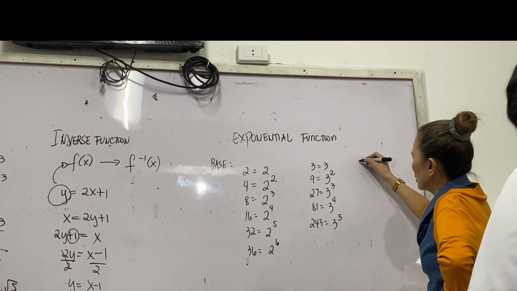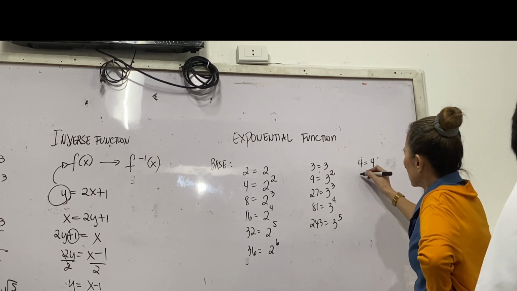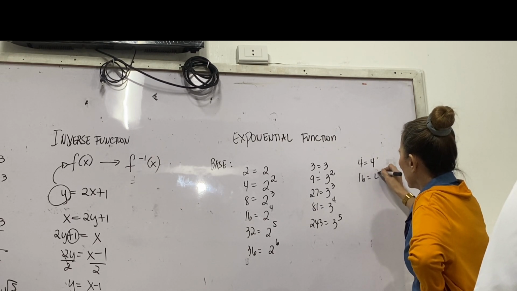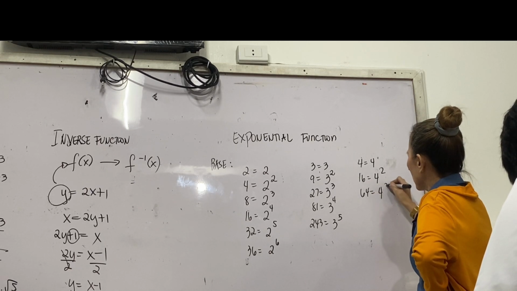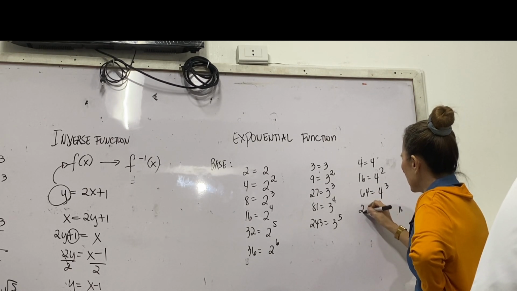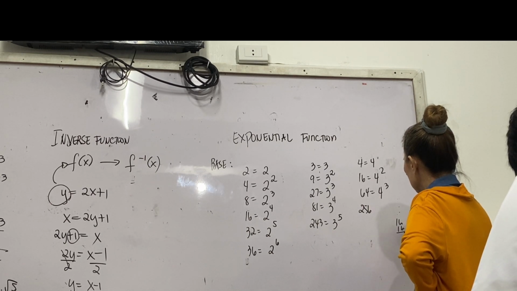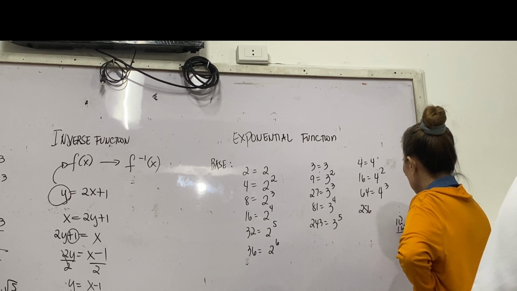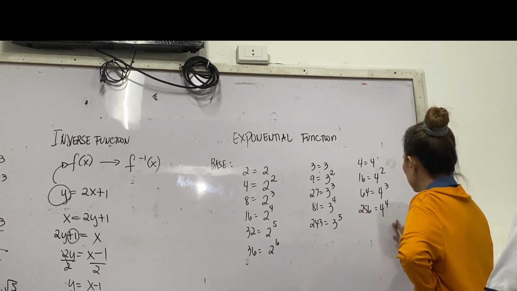Base 4. 4 raised to 1, 4. 4 raised to 2, 16. 4 raised to 3, 64. Okay, 4 raised to 4, 256.